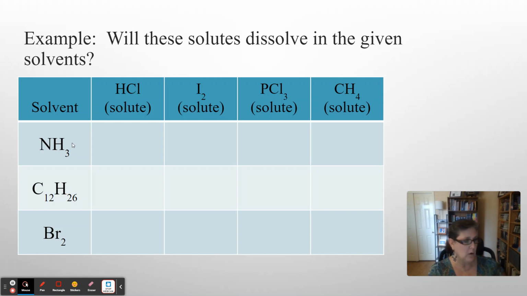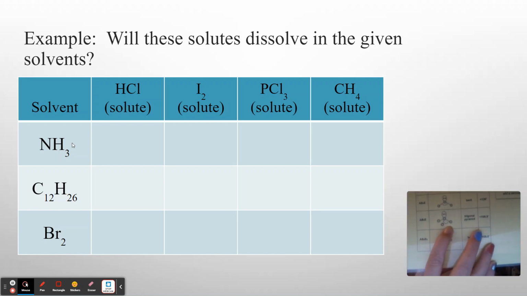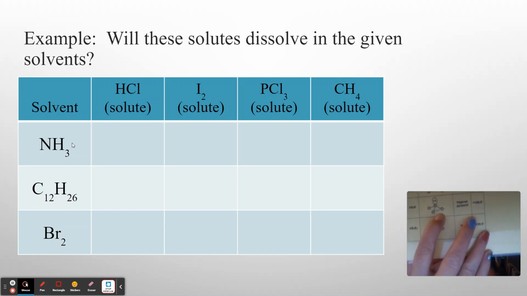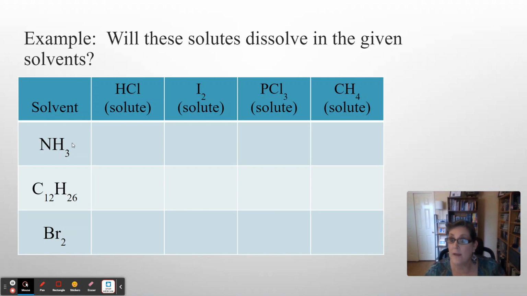Maybe you remember ammonia from another time, or maybe you did the Lewis dot structure, but it is in our shapes table a trigonal pyramid molecule with a lone pair on top and 3 atoms bonded to it. So it's not symmetrical. So those polar bonds, the NH bonds, do not cancel out with each other. So the molecule remains polar. So it's polar.